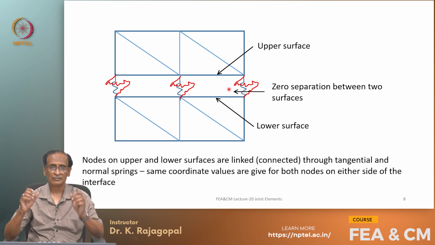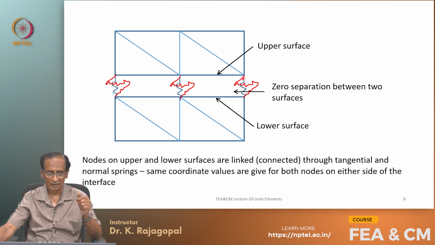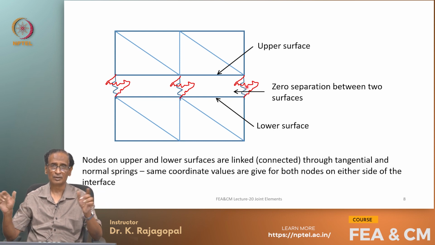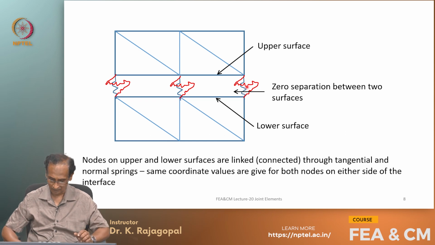That we do by defining 2 additional nodes. Basically, this element has 2 nodes between which these 2 springs, the normal and tangential springs, are connected, but then we need 2 other nodes to define the tangential direction.